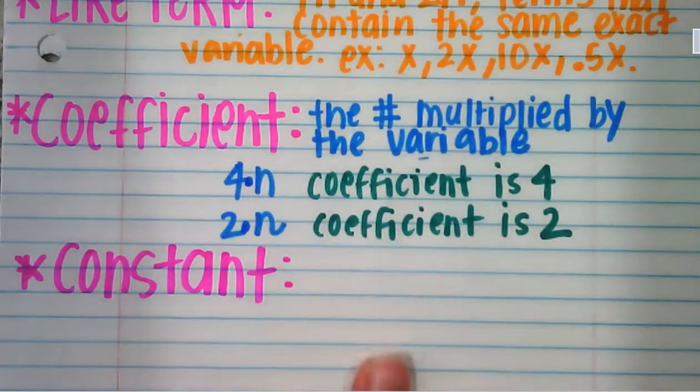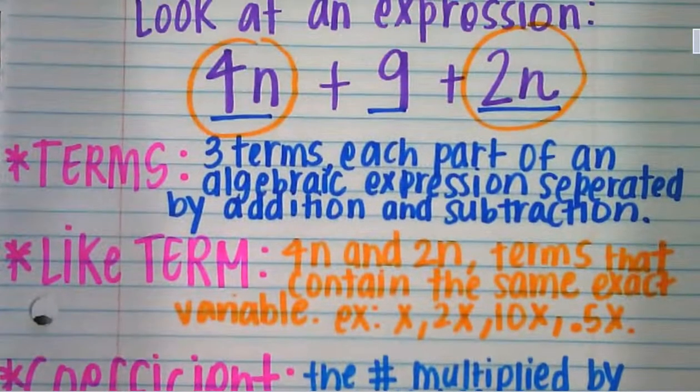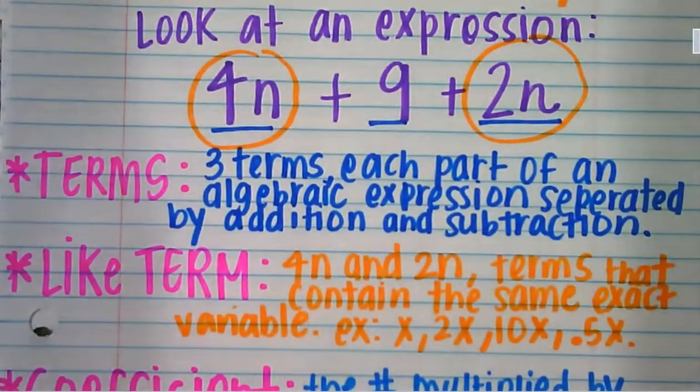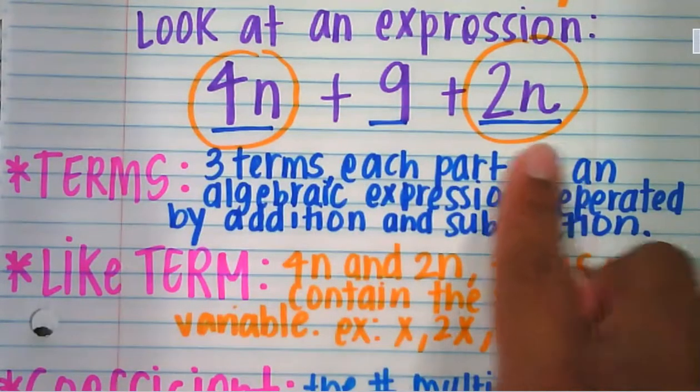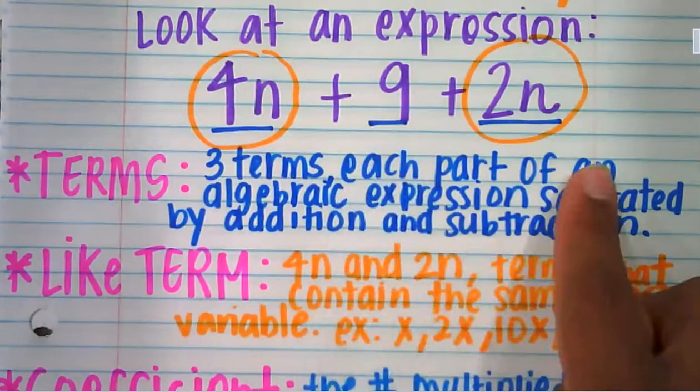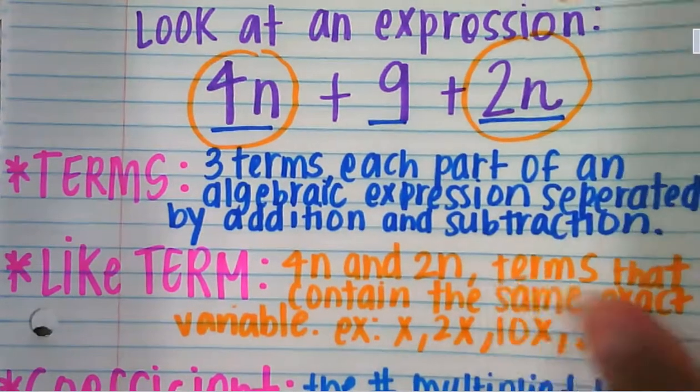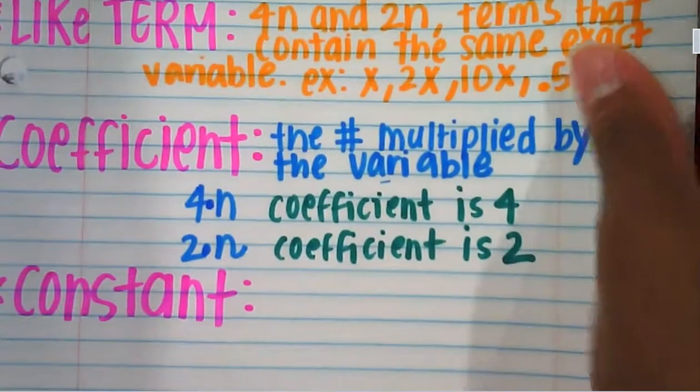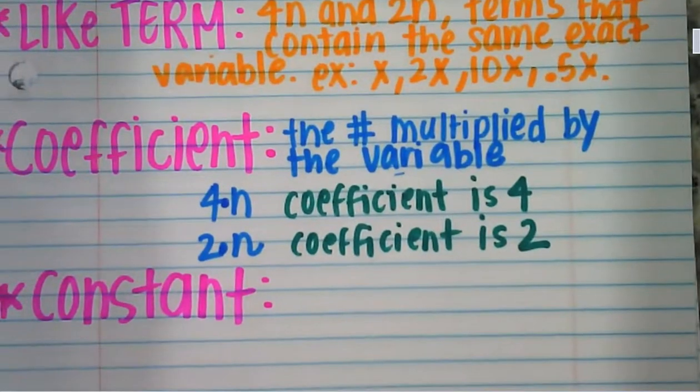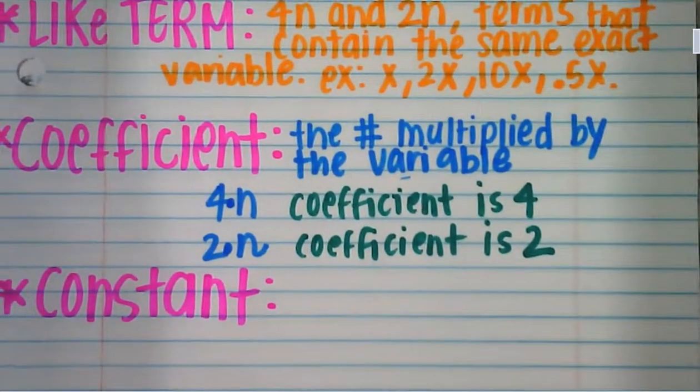Looking at our expression, we know that a variable can be changed when we plug in different values for numbers, so that's not very constant. What is a number here that will always stay the same, no matter what? If you're guessing that number is 9, you are correct. Our constant in that expression would have to be the 9.